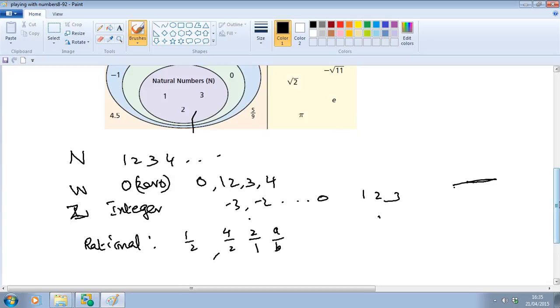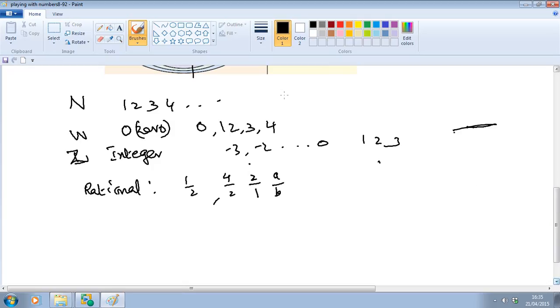So what is an irrational number? Root 2 is equal to 1.414, and it goes on like this. It will never end. Root 3 is 1.732 dot dot dot. So what do you mean by root 3? If you multiply 1.732 by 1.732, you get 3?